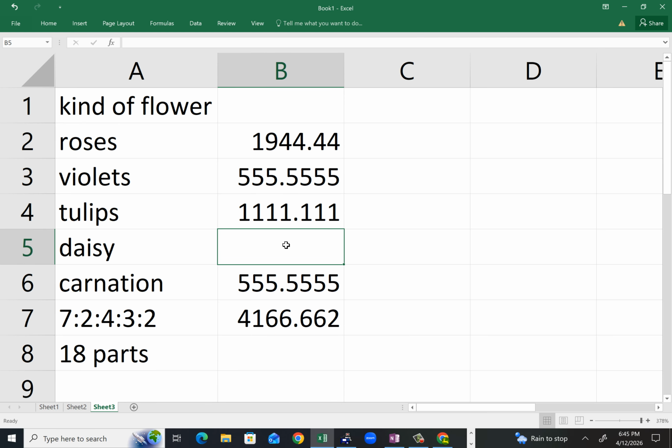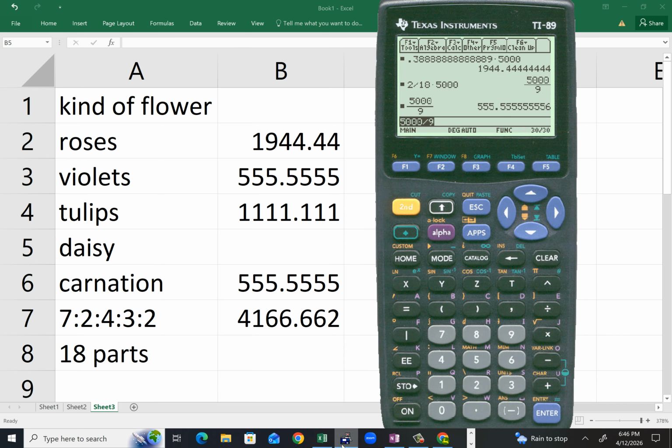And then you could do it 2 different ways here. You could do 3 divided by 18, which is what I will do, or you could subtract.